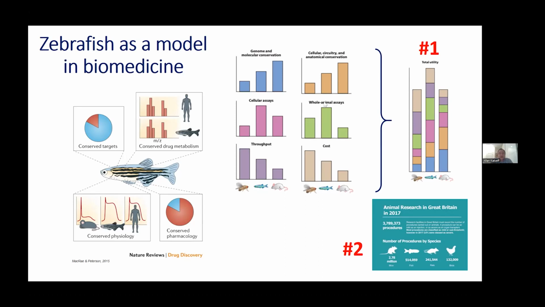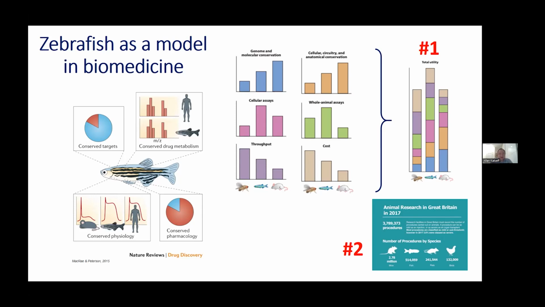Now, compared to mice, Drosophila, zebrafish, in fact, becomes the most useful model organism in biomedicine. So today I'm going to talk about this model organism, which is currently the number 2 most used animal species in biomedicine.